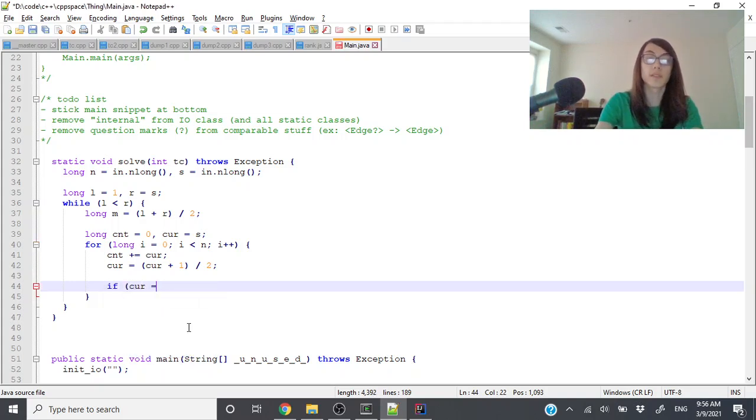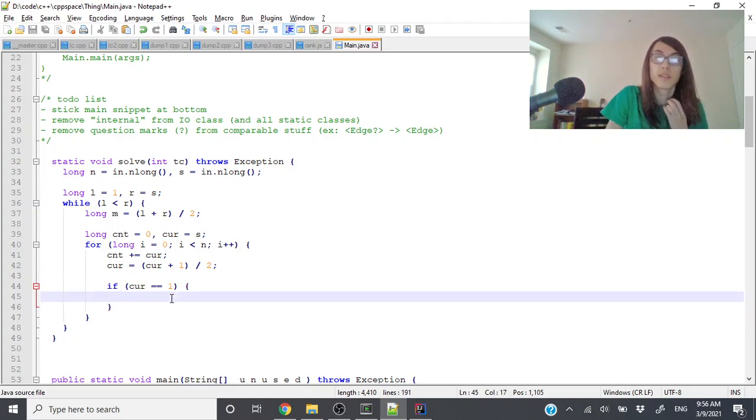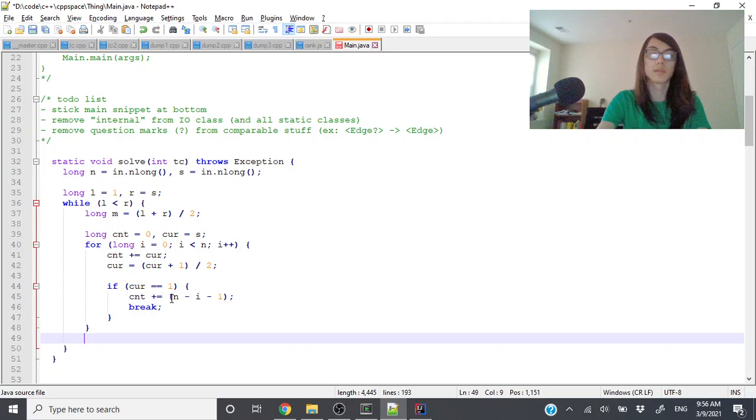So now if cur is equal to 1, then everything else we get is going to be 1. So if we're at position I, for example 0, then if n is 4, we get 4 minus 1 minus 1 left. Count plus equals n minus I minus 1, break.